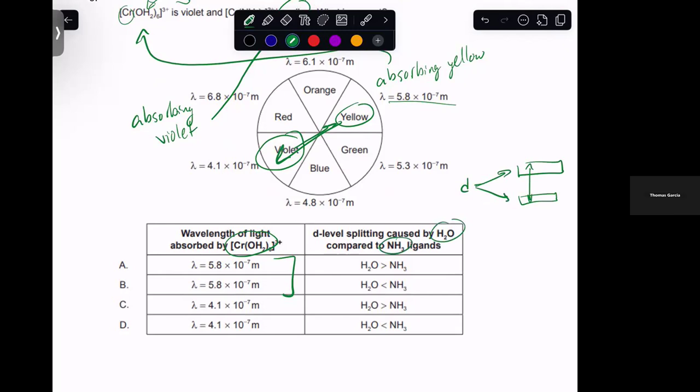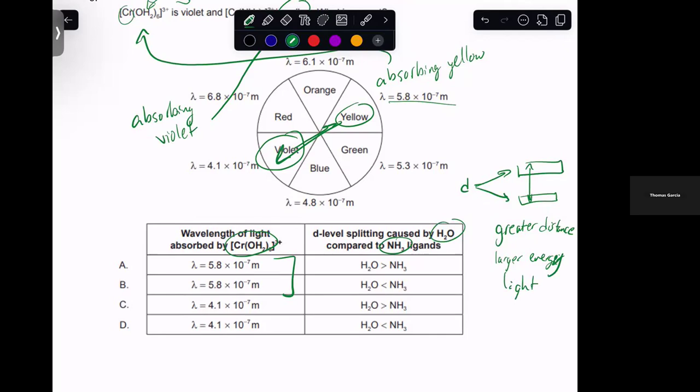The distance actually tells us what energy is going to be absorbed. A greater distance means larger energy light. And we know that light energy is inversely related to wavelength.